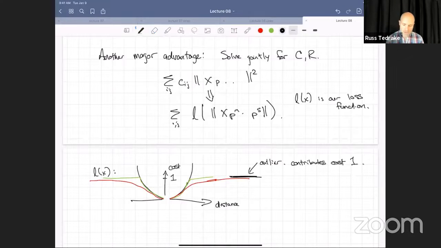If you change the position or orientation by a small amount, it doesn't change how much the outlier contributes. There's no gradient here. The gradient is 0, which means small changes in my pose estimate have no impact on the outlier.